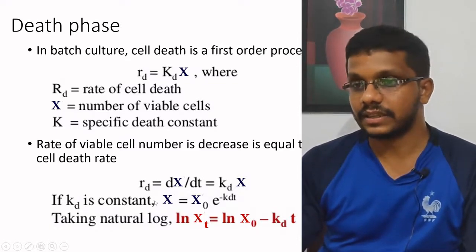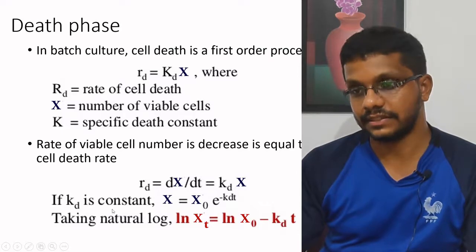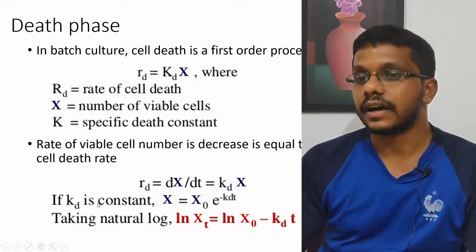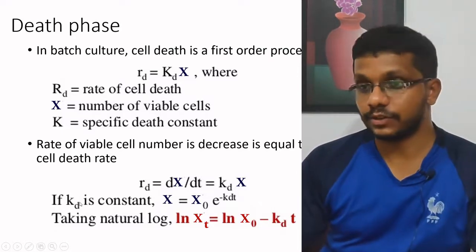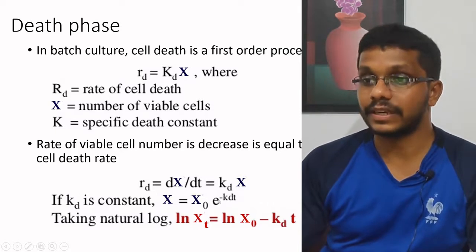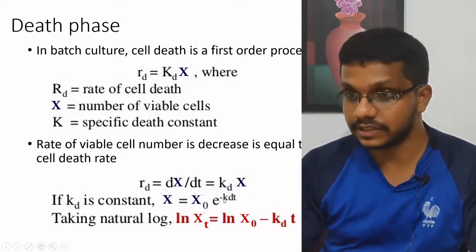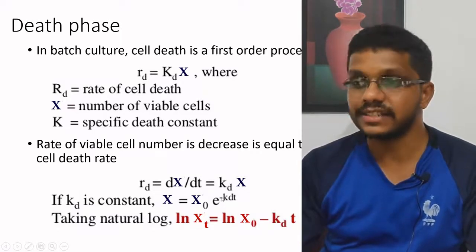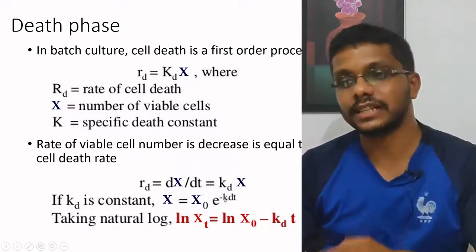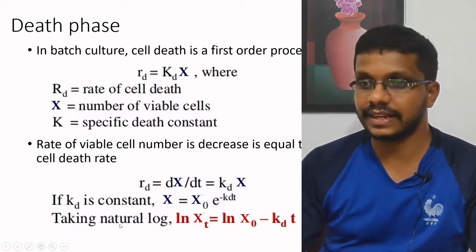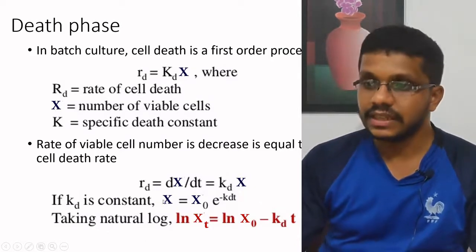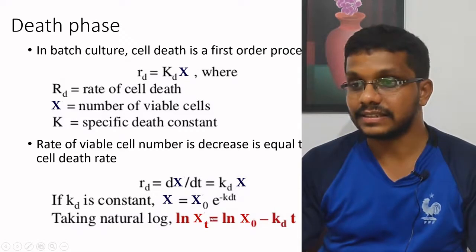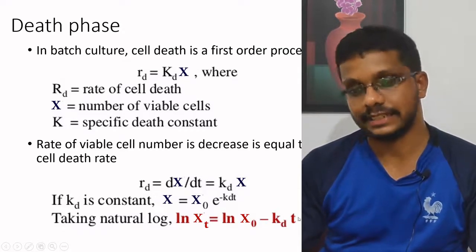This kd is a constant for a specific condition, so x is equal to x0 e raised to minus kd t. Here you see the kd t has a minus in it because it is reducing the number of cells. Then we take the natural logarithm of the same equation. Then we get ln xt is equal to ln x0 minus kd t.